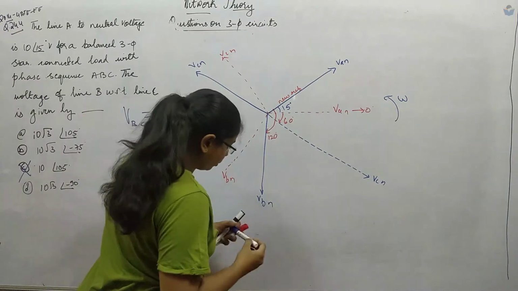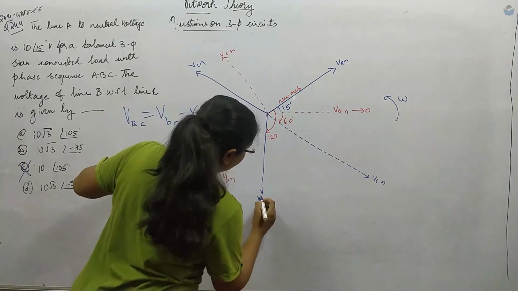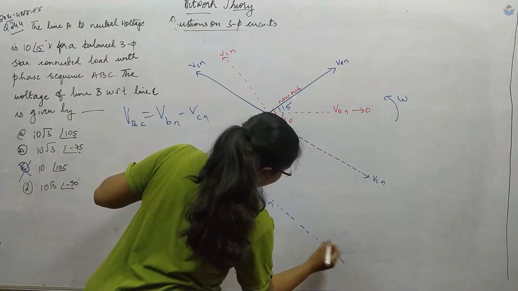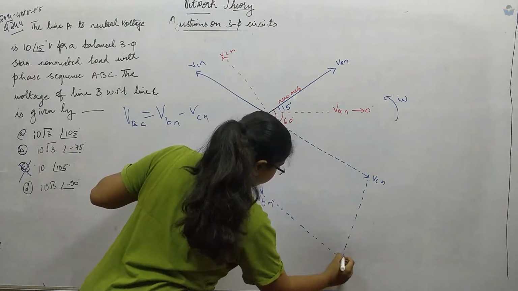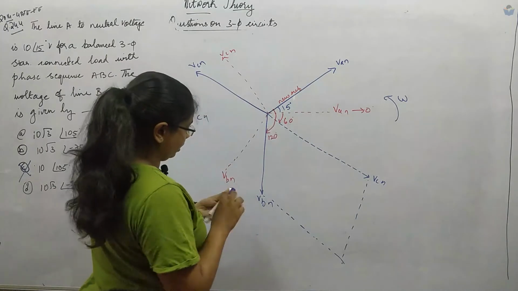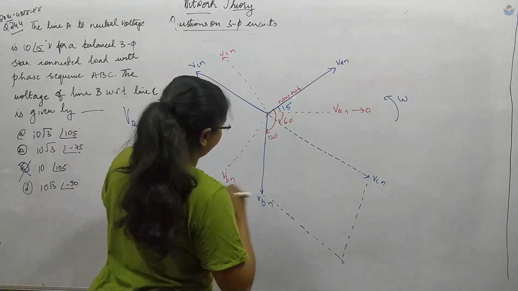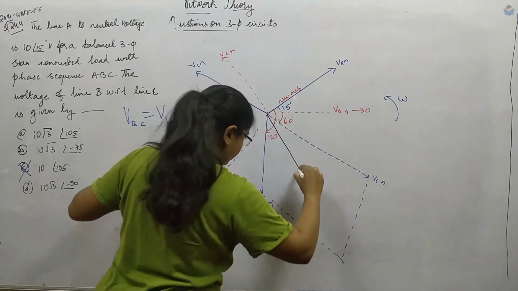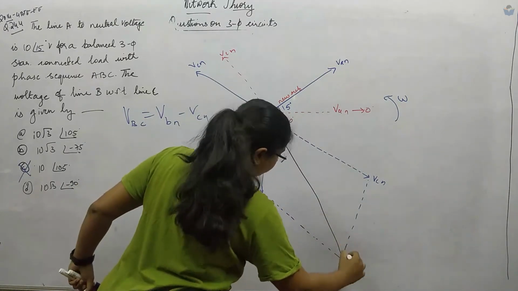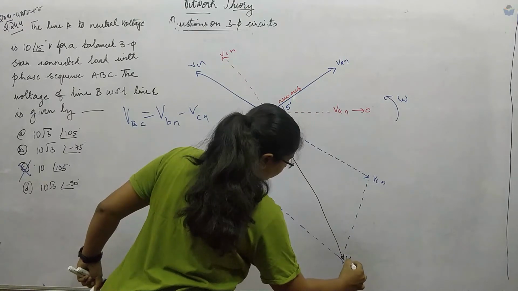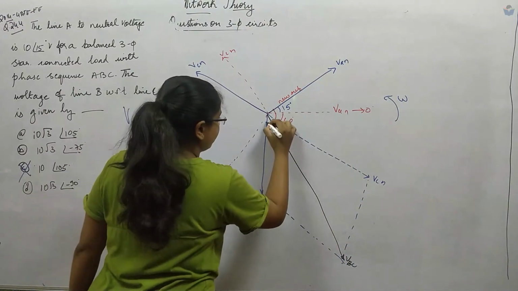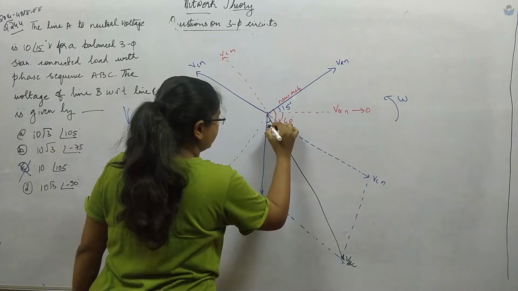Using the parallelogram vector addition, we will extend this one, and here also we will extend this one. And this new line we get is VBC, correct? And how much will this angle be? 30 degrees.